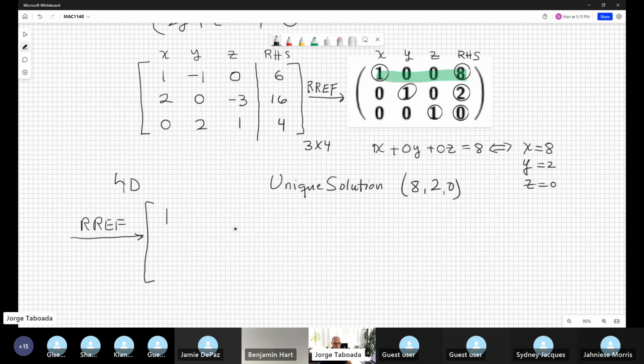Suppose you have 1, 1, 1, 1, and the rest is 0. Remember the Gauss-Jordan algorithm? Create a pivot of 1 in the main diagonal, and the rest, using row operations, you convert to 0 below and above the pivot. And suppose you have, for example, here 20, 30, negative 10, and 40.